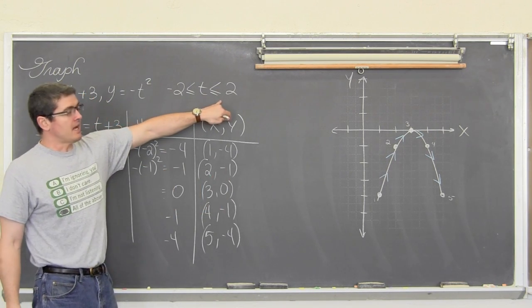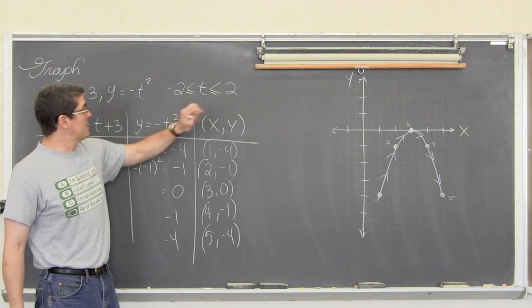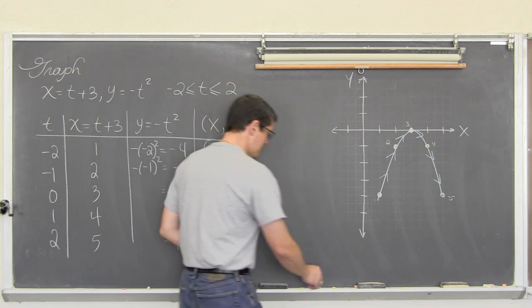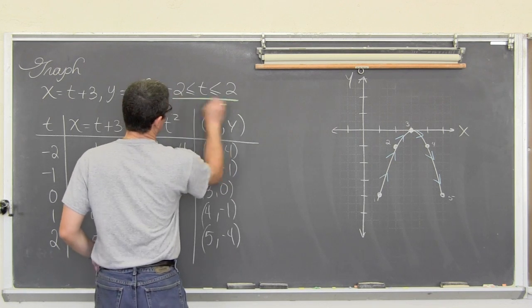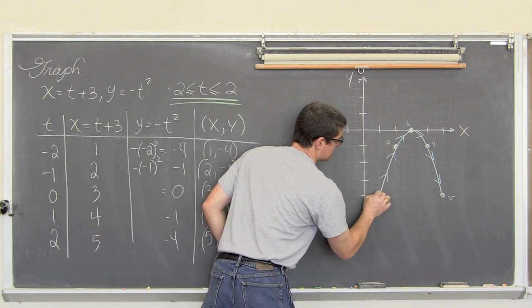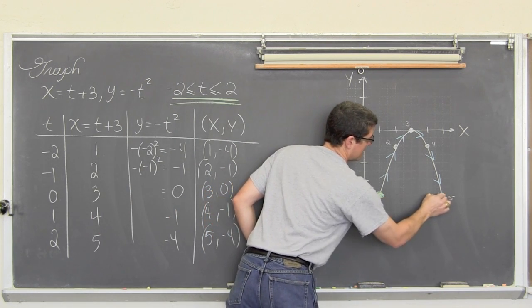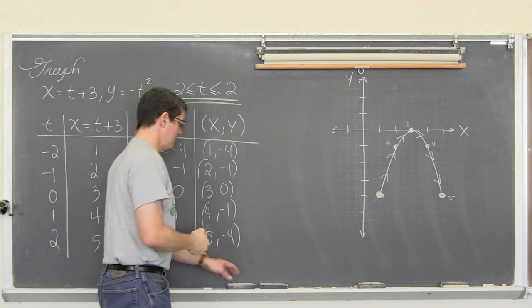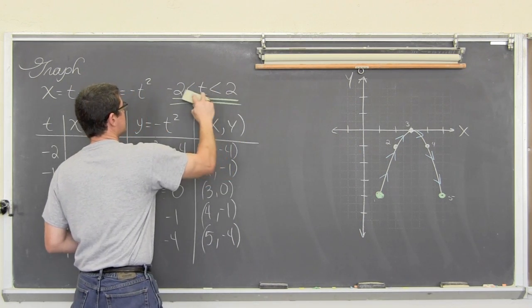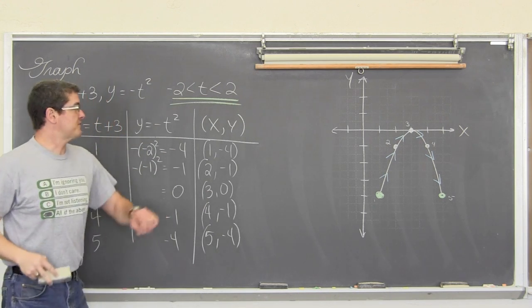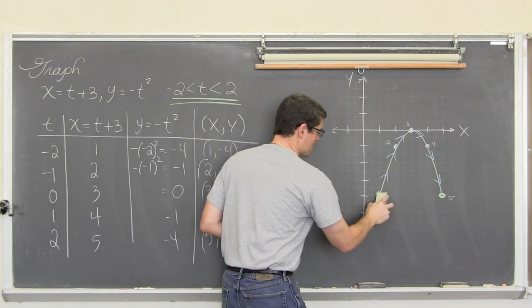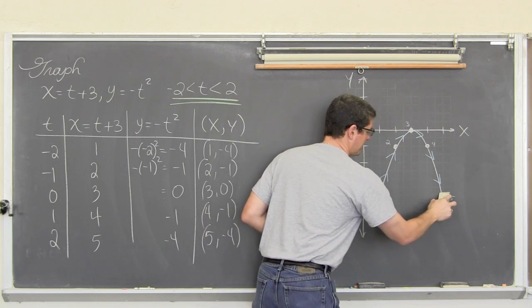But it's stated that I have a restricted interval for t. It's for values between negative 2 and positive 2. So it is important, because of this restriction, that I put some solid dots at the end of this parabola. If t was greater than negative 2 and less than 2, then these dots would need to be open.